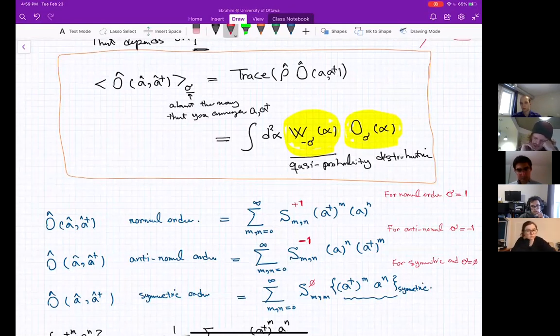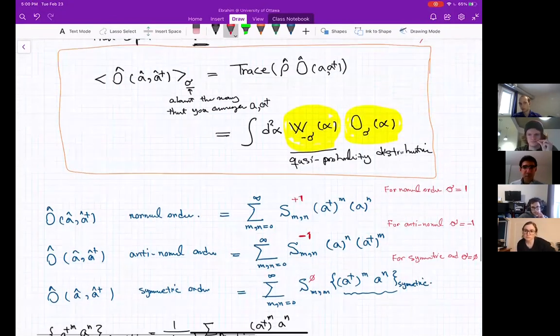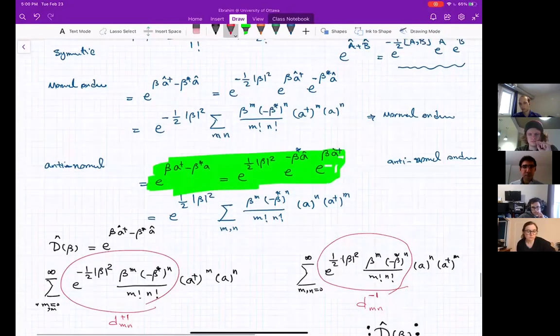For sigma equal to -1, that will be linked to W of +1, which is what we call the global representation. For sigma equal to 0, that will be linked to W0, which we will call the Wigner representation. But remember, for all of these three, you need to handle the operator in a proper way. We will go there, but just be patient.